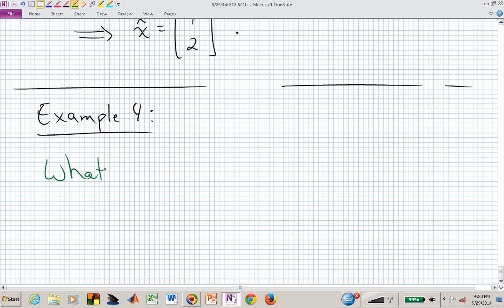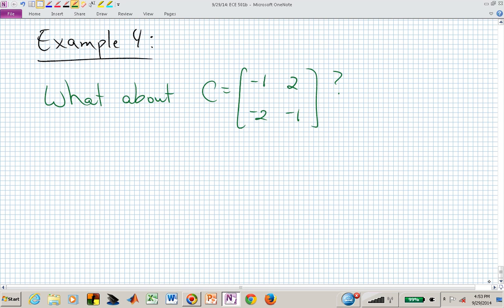Let's look at another example. What about C equaling -1, 2, -2, -1? We want to see, does this have any real eigenvalues?